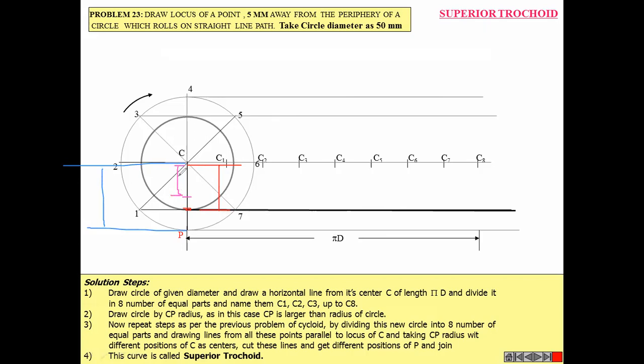This will give me an inferior trochoid, this is a superior trochoid, and this is a regular cycloid. Clear? Okay, now the radius is CP, that is fine.